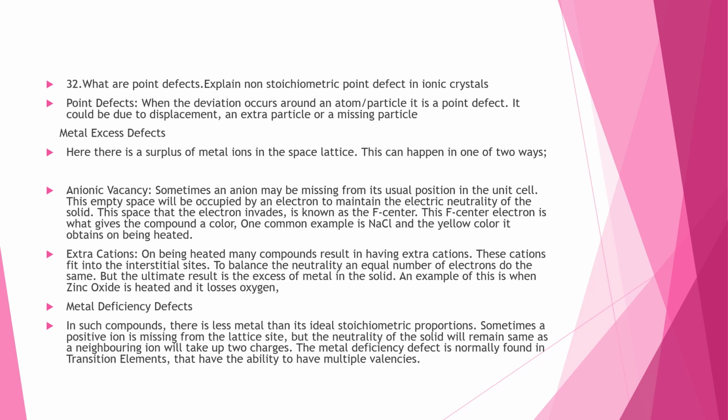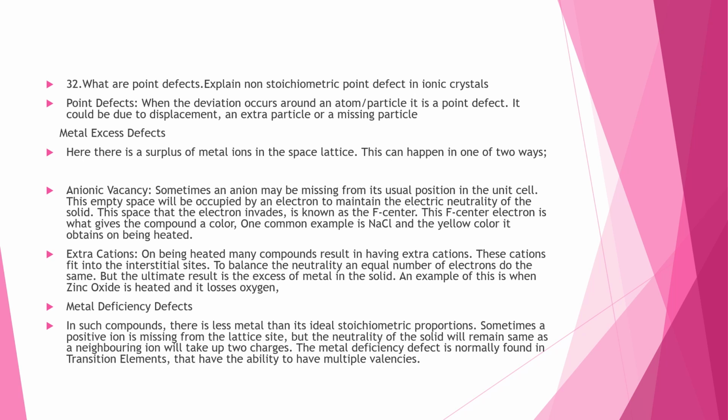Then there are non-stoichiometric defects of two types: metal excess defects and metal deficiency defects. In metal excess defect, one example is when an alkali metal halide is treated with metal vapor, it loses its anion, producing F centers, that is the excess electrons trapped in the holes are called F centers. Due to the F centers, the compound will be colored and conducting.